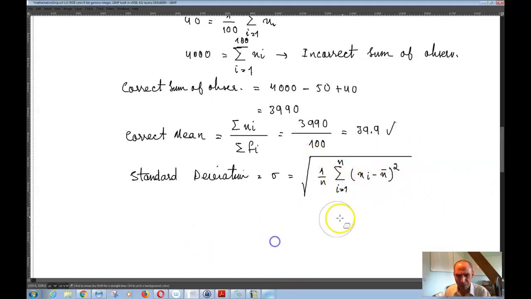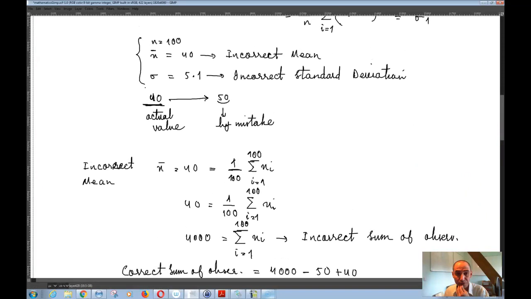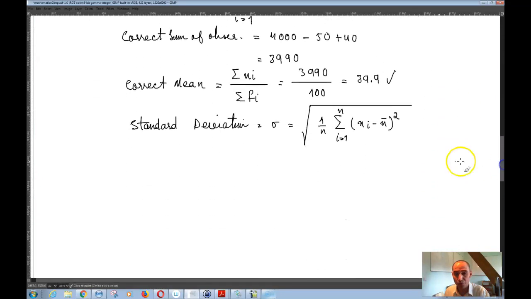And the wrong value, or the incorrect value, for the standard deviation is 5.1.